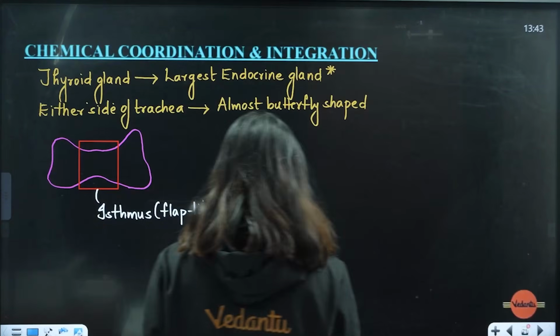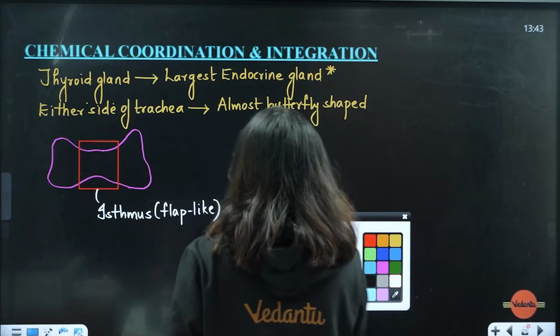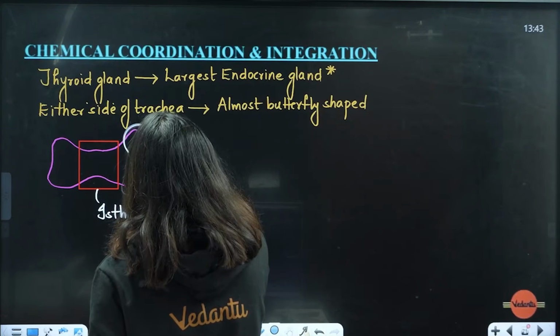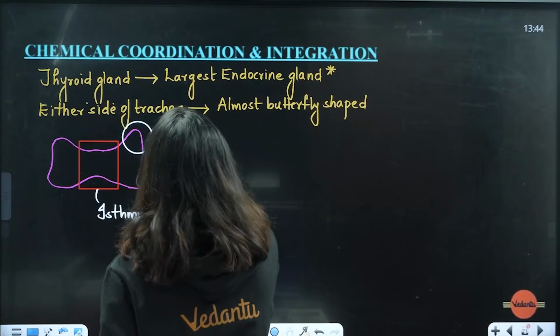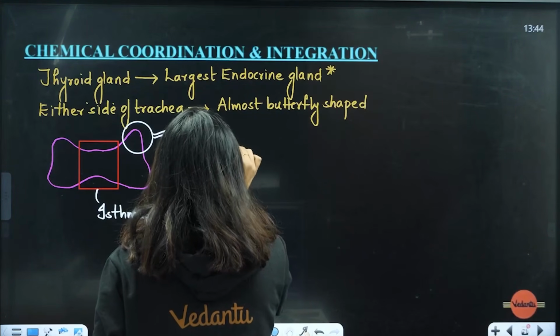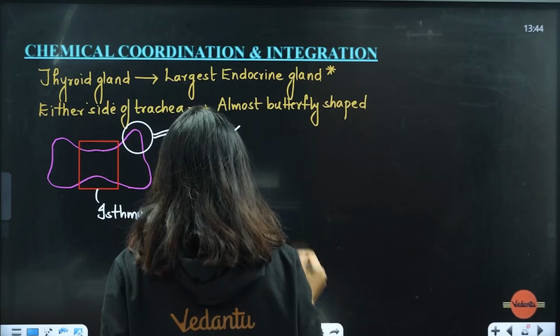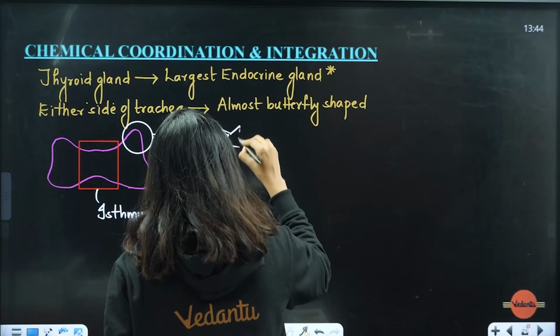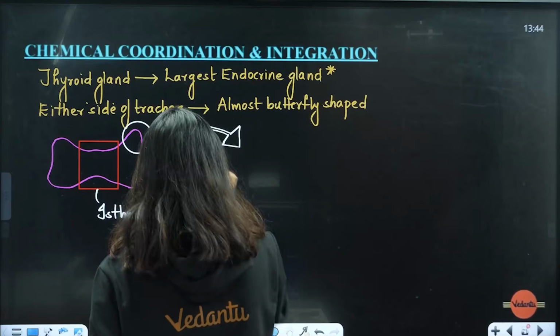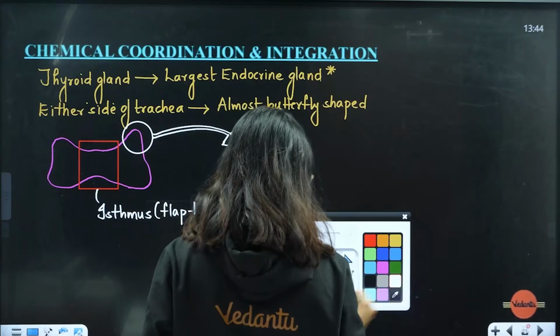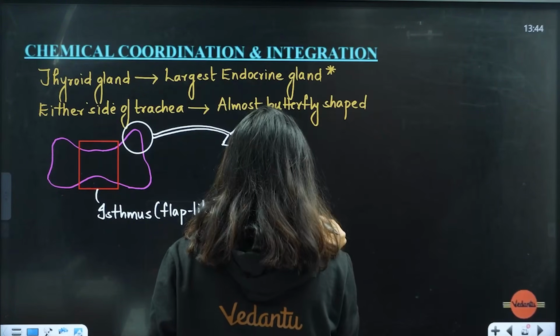Now students, if I take a cross section of this small portion and draw it here, it will be like this.